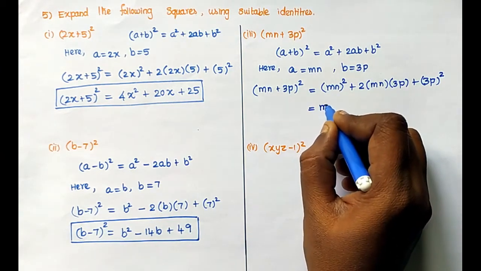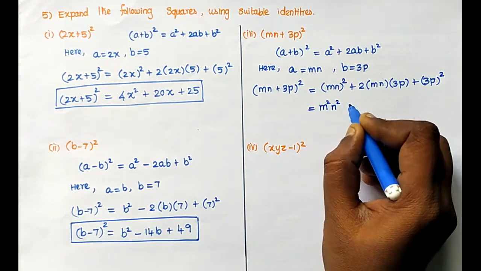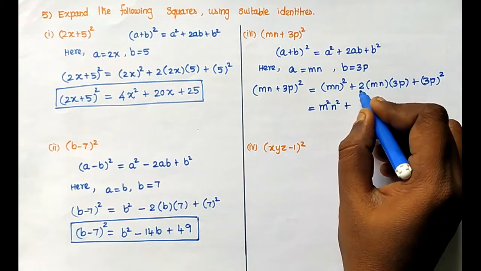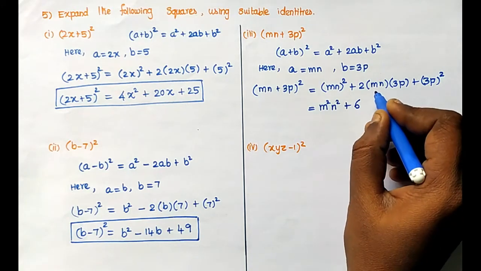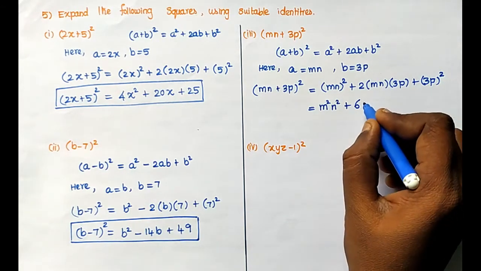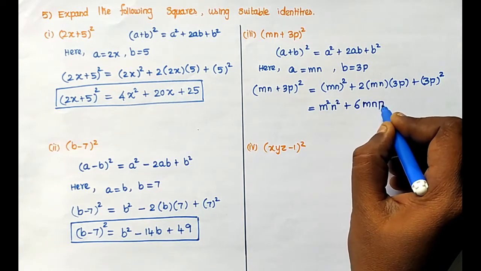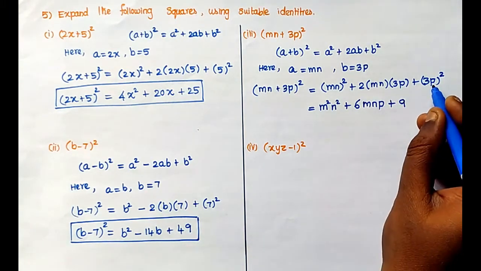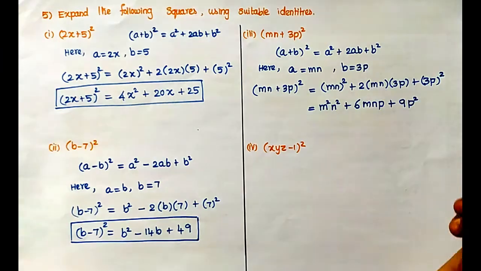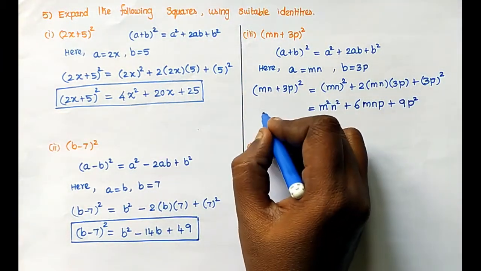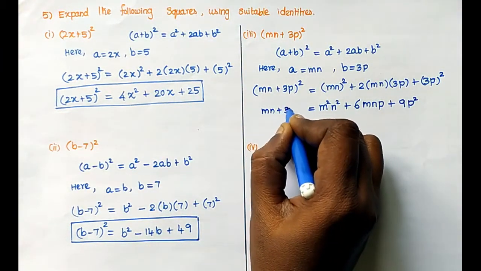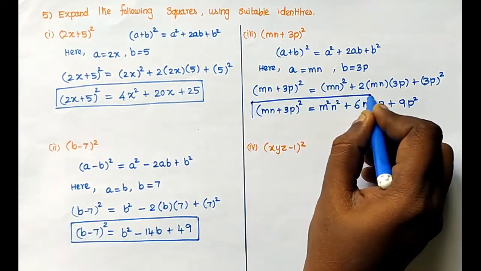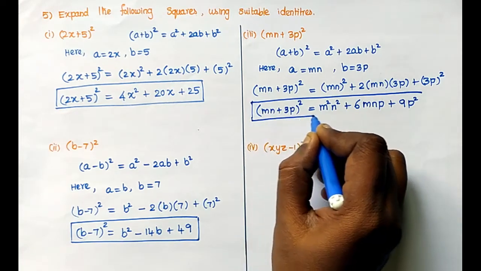That is m squared n squared, plus multiply the numbers, 2 3s are 6, and variables mnp, plus 3 squared, 9p squared. So that is the answer.